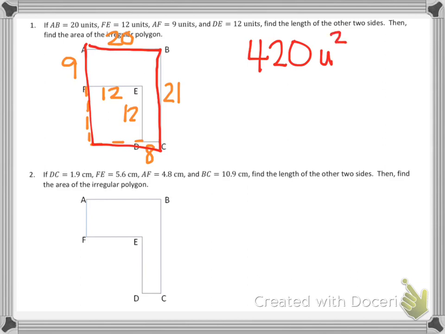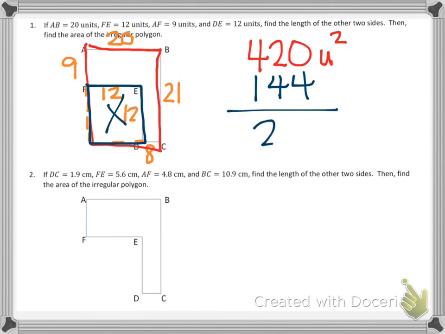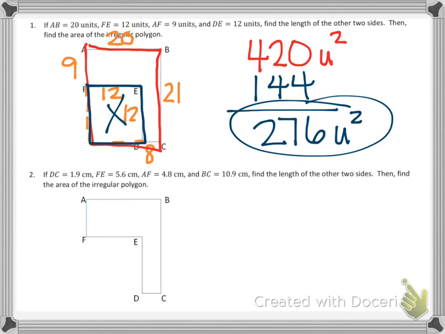And then I'm going to take away this smaller rectangle that I don't want, which is right in here, and that is a 12 by 12. 12 times 12 is 144. So then I'm going to subtract 420 minus 144, and that's going to give me 276 square units for the entire composite figure, 276 square units.